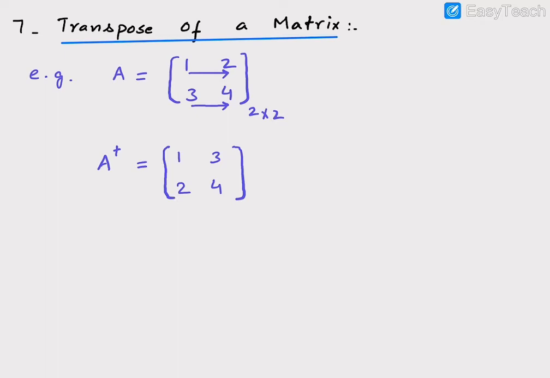So how we will get transpose of a matrix? By interchanging either rows into columns, or columns into rows.